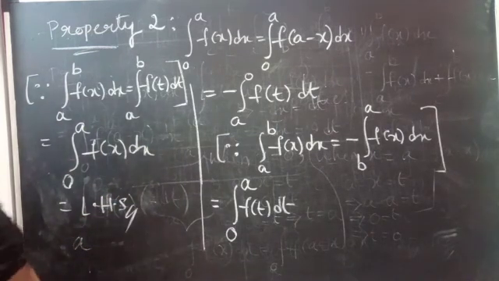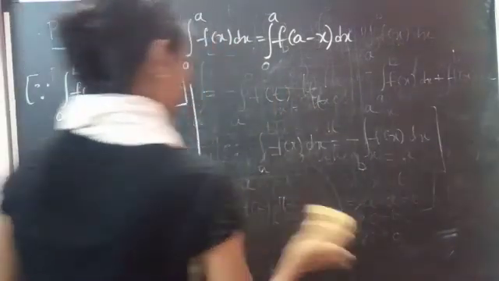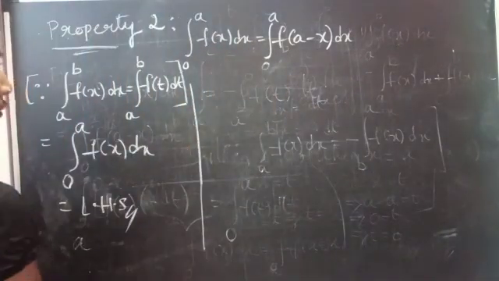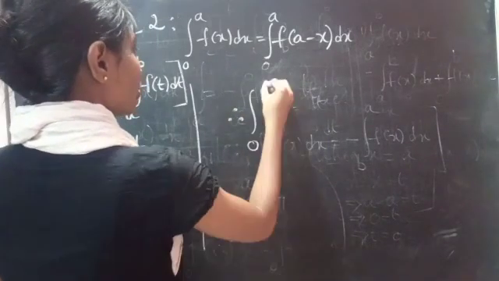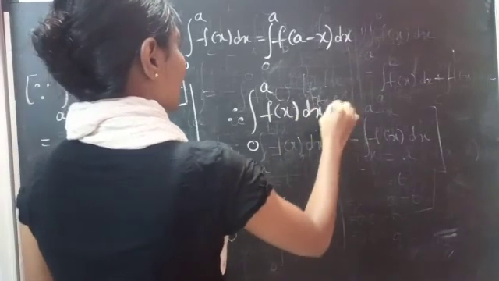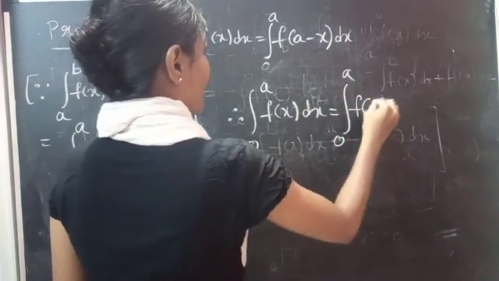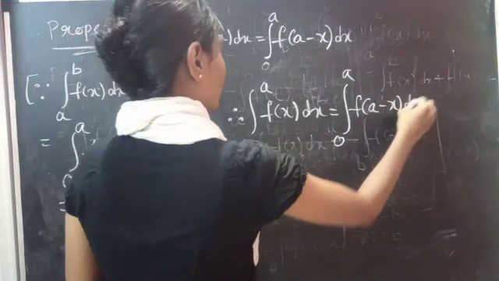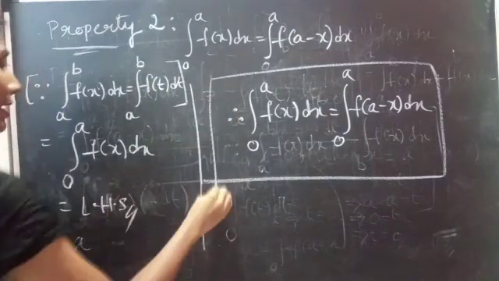Therefore, integral 0 to a f of x dx is equal to integral 0 to a f of (a minus x) dx. Hence proved.